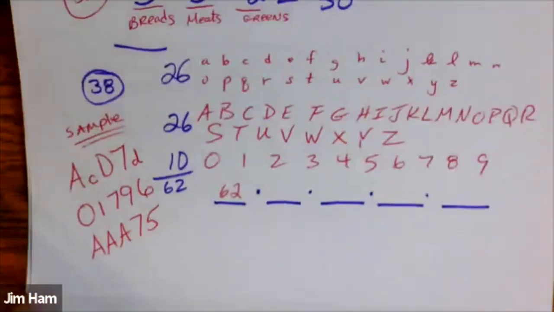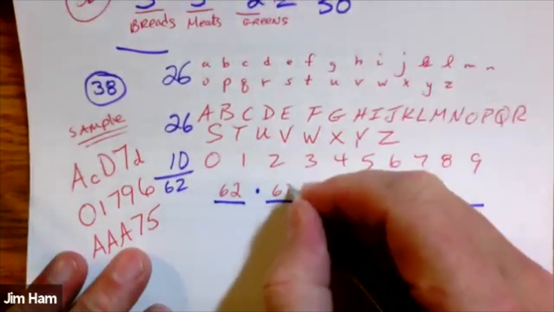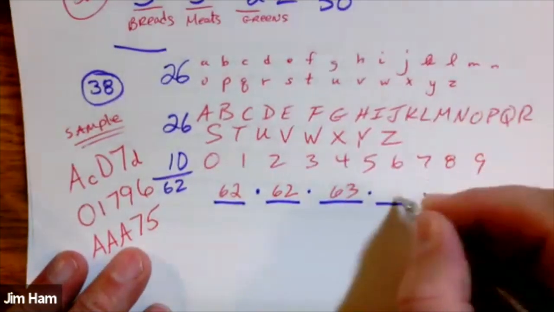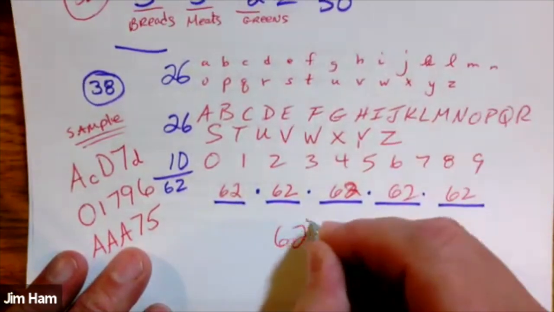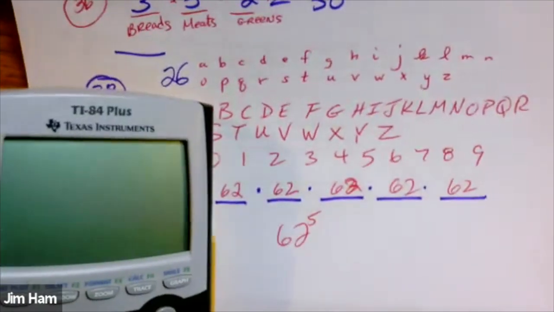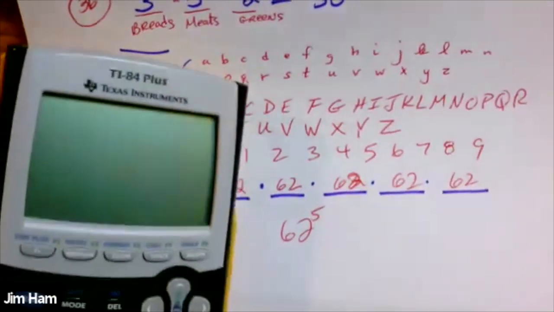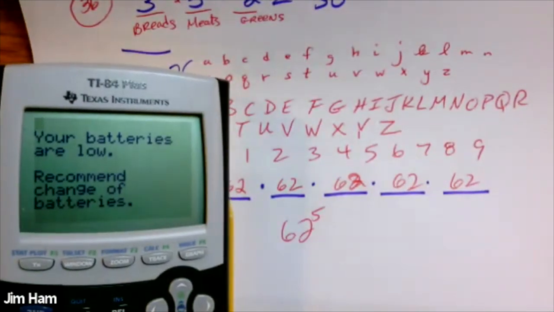That's legal because they put no restriction on whether you could use a digit over and over again. So for the second character, you also have 62 possibilities. Same for the third, same for the fourth, and same for the fifth. So that's 62 to the 5th power. And so I think the 916 million number is close to 1 billion possible passwords. The more characters you use, the more possible passwords, the less likely your password is going to be guessed.